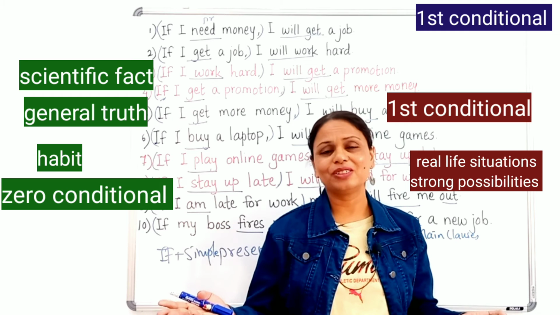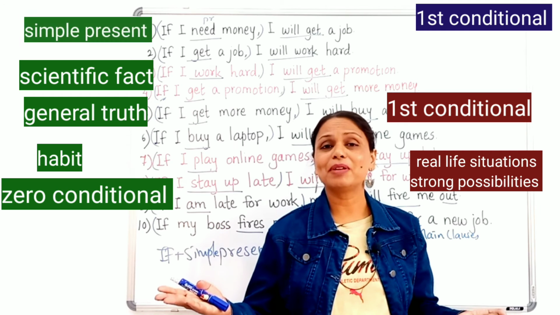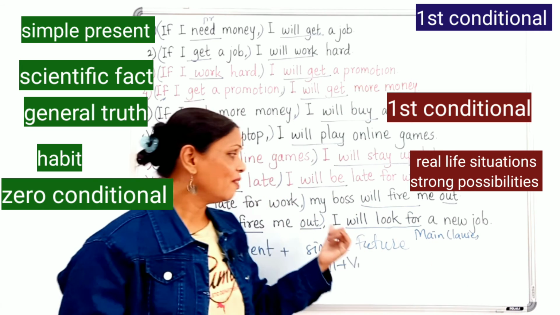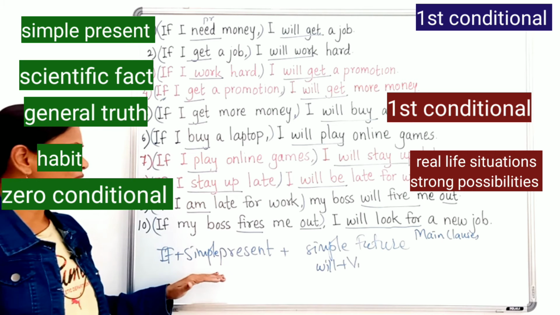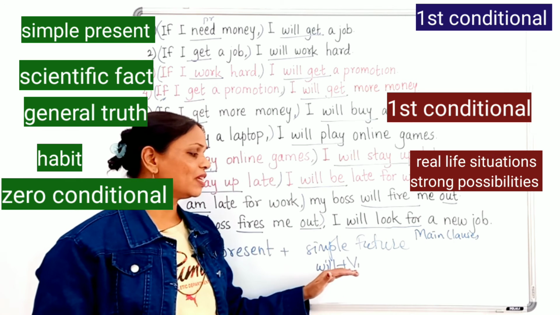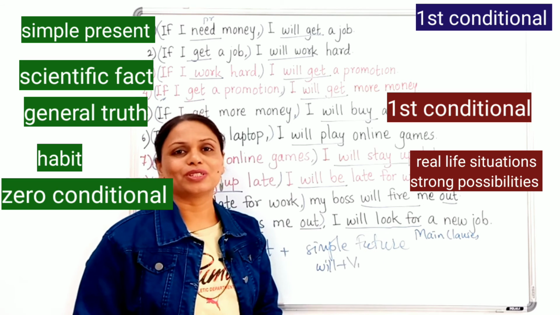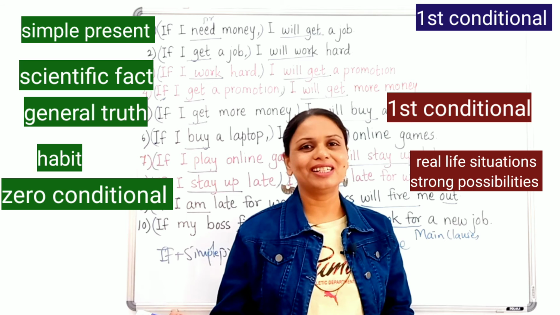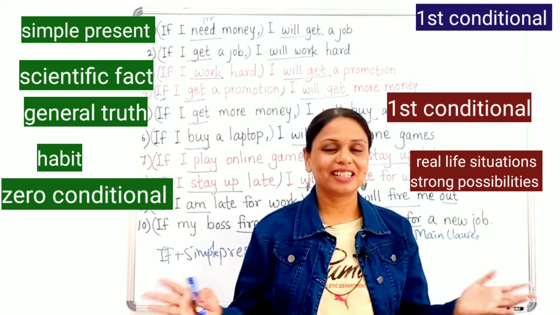In zero conditional, we need to use the simple present tense in both the clauses, and in the first conditional, you need to use the simple present in the if clause and the simple future, that is will plus V1, in the main clause. Simple as that. Hope the difference between the zero conditional and the first conditional is clear.